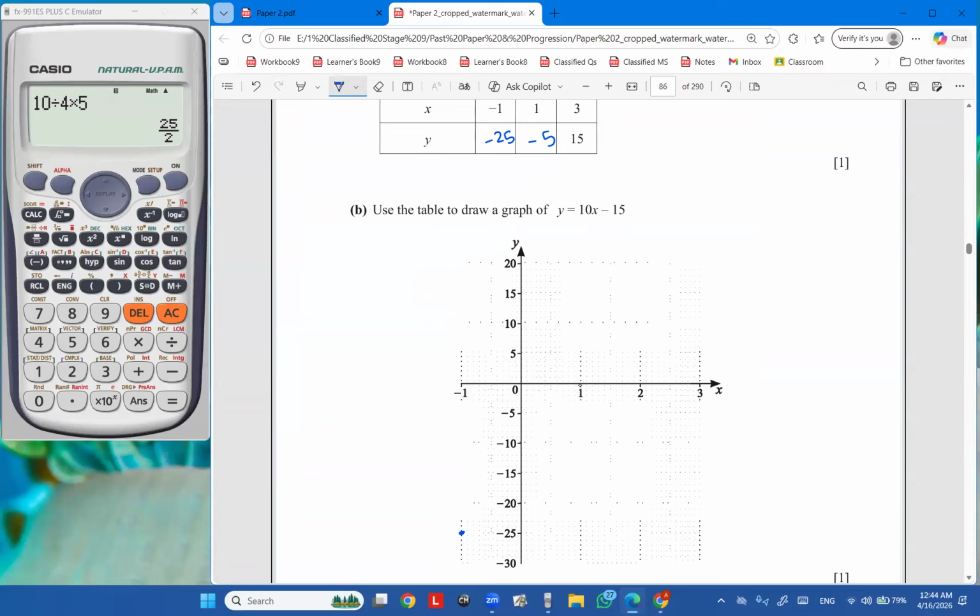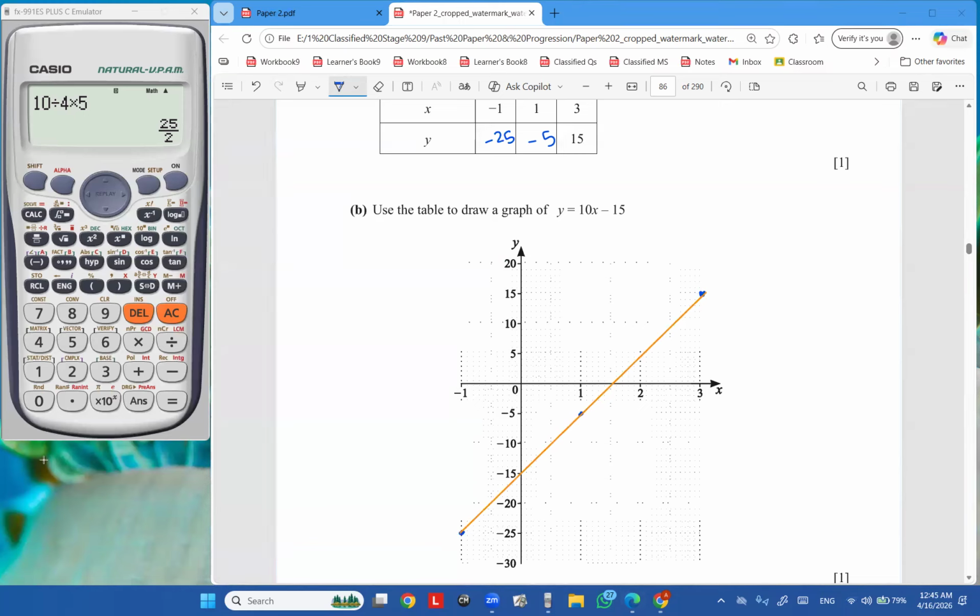So from 1 to -5 is almost here. From 3 to 15 is going to be almost here. Then at the end, you just connect with a straight line. And definitely we answered this question with a ruler and a pencil. Here you go. That's it.